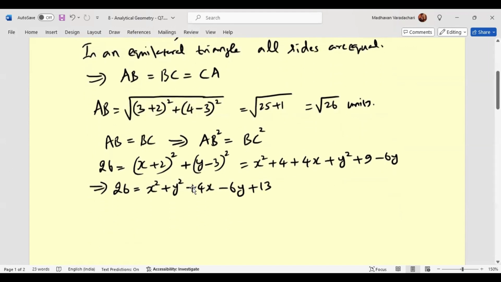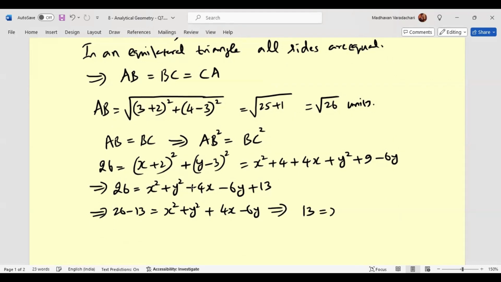Now, taking that 13 to the left-hand side, we will have 26 minus 13 equal to x square plus y square plus 4x minus 6y. Or we can simplify this as 13 is equal to x square plus y square plus 4x minus 6y. Consider this as equation 1.